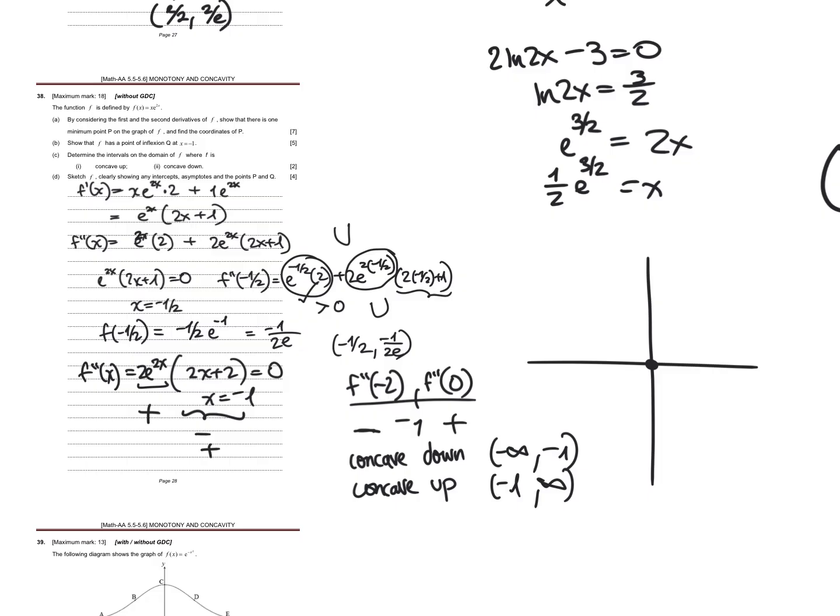So then we have that there is a minimum at -1/2, -1/(2e). So like here, because that's just two negative numbers.